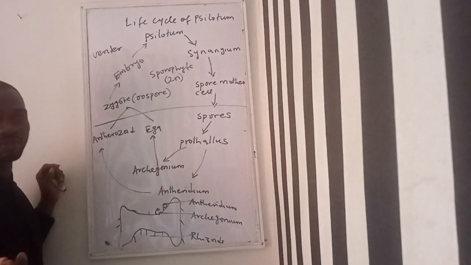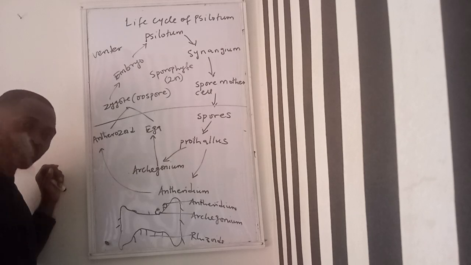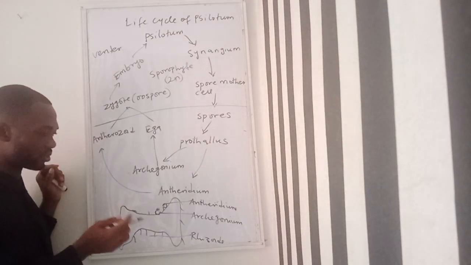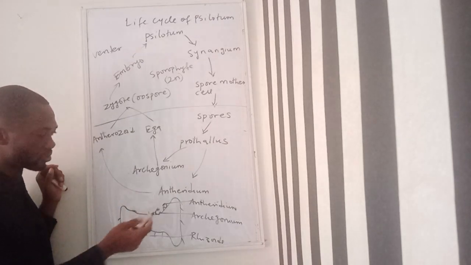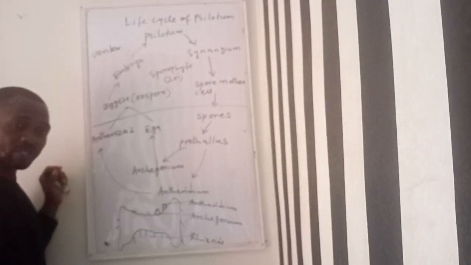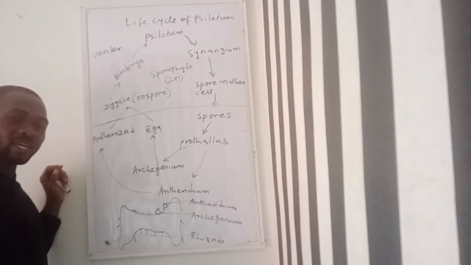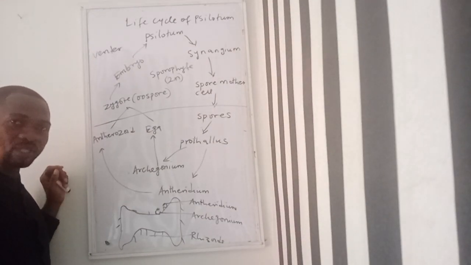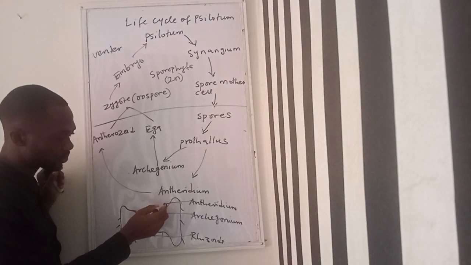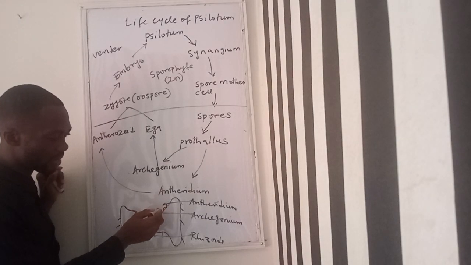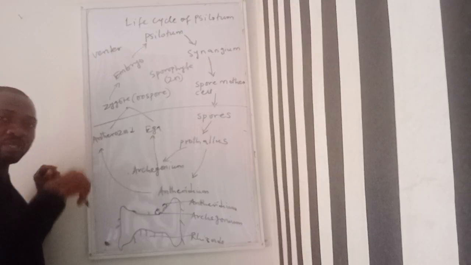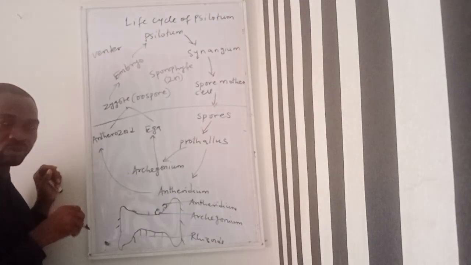There are many anterozoids produced from the antheridium. With the help of water, so water is essential for fertilization. Remember we mentioned that in the characteristics of Pteridophyta, water is essential for fertilization. So with the help of water or dew, the anterozoids will flow into the archegonium through the neck.